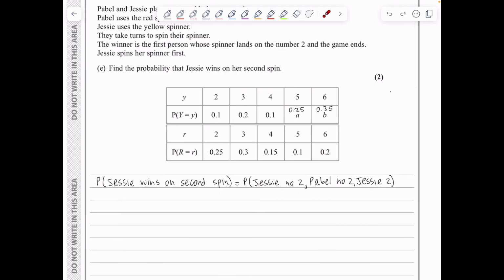So the probability of not getting a 2 for Jesse is simply 1 minus 0.1. The probability of Pavel not getting a 2, remember Pavel is using the red spinner, is 1 minus 0.25, and the probability that Jesse gets a 2 is 0.1, and plugging this into the calculator gives 27 over 400.